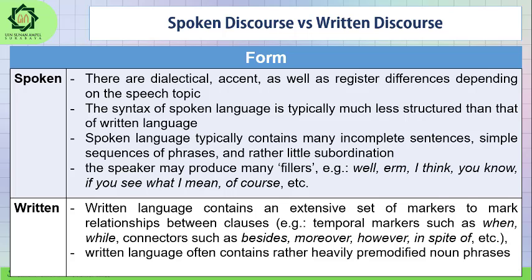For example, in written discourse, there are so many temporal markers, such as when, while, or connectors, such as besides, moreover, etc. Written language often contains rather heavily premodified noun phrases. What does that mean? That means the noun phrases that look very long or very heavy. That is the characteristic of written language.